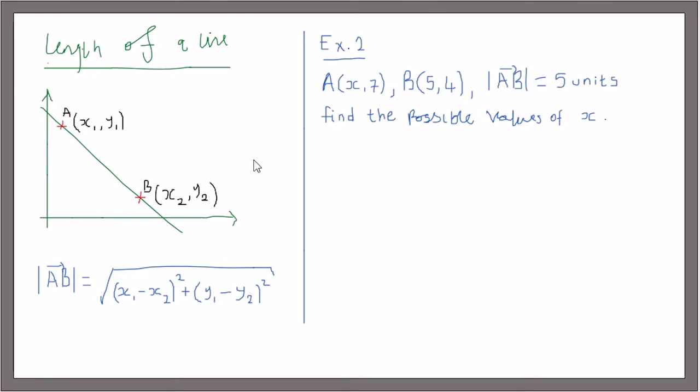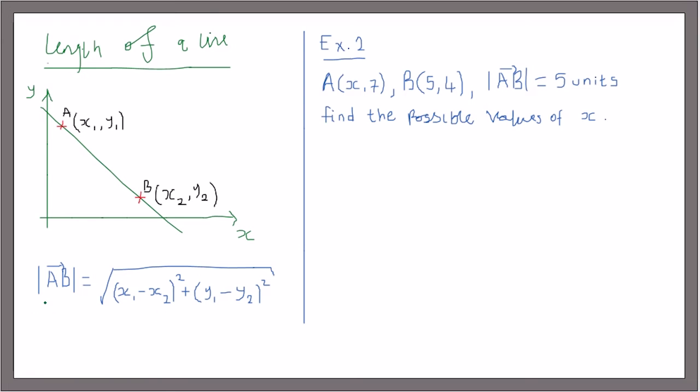So we said if you have a Cartesian plane like the one I have here, and you have this as your y-axis, this as your x-axis, and you have a line on that Cartesian plane with points A and B, and we need to find the length between point A and B. We said what we do, we use this formula here.